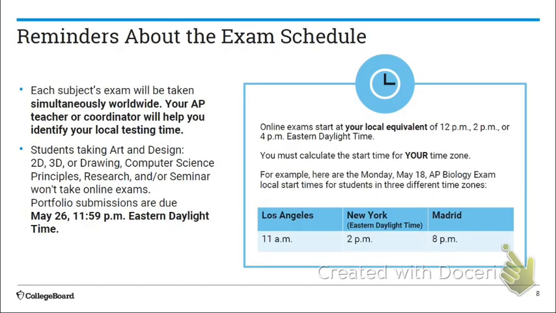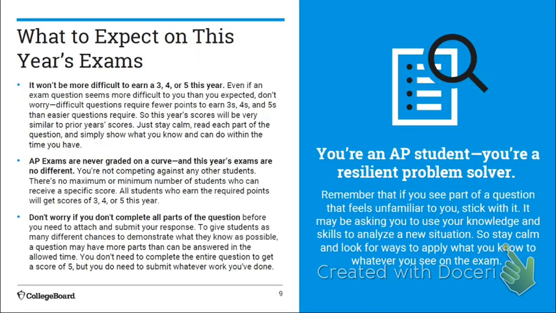So I already said we are Eastern Daylight Time, so our exam is going to be at 2 p.m. For any of your other exams, you again want to look for Eastern time zone. Now, colleges across the nation have said that, actually, I'll get into that in just a second.